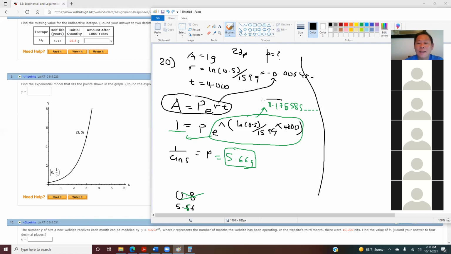Do you get 0.176585? No. Okay, so can you show me what you put in your calculator? Because I need to see it. You have a handheld calculator. Yep, handheld.